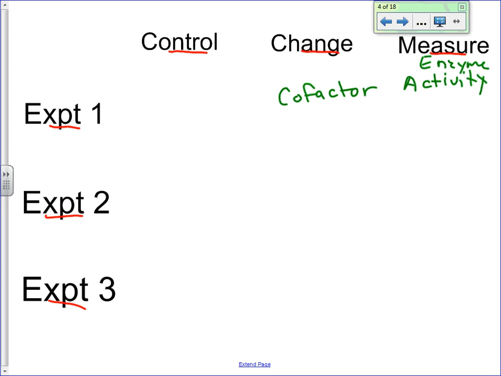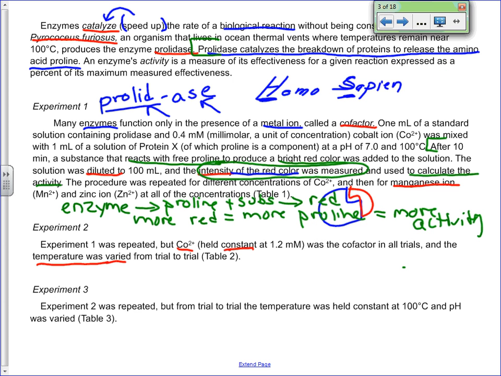All right, and now we're keeping a whole bunch of stuff the same. What are we keeping the same in this experiment all the time? Right, that we're using 1 milliliter of a solution all the time.